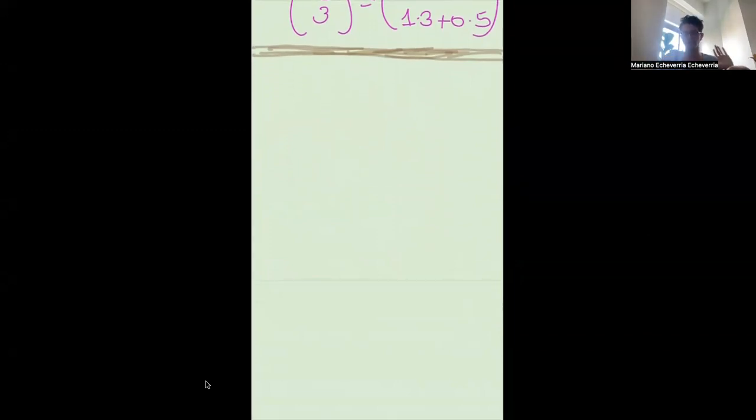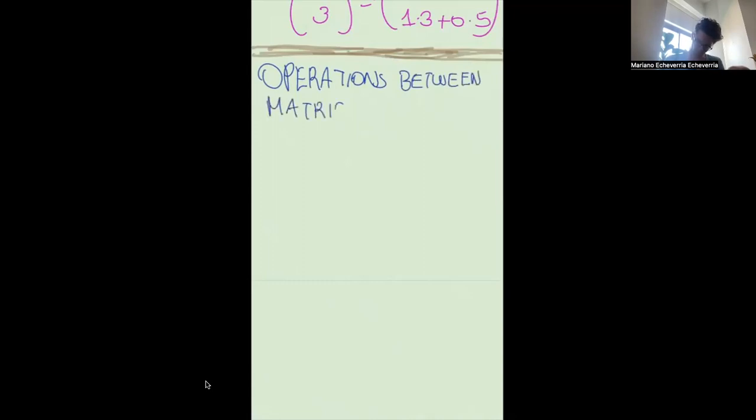But we can start with the easy ones first. So the first one is just multiplying a matrix by a number.